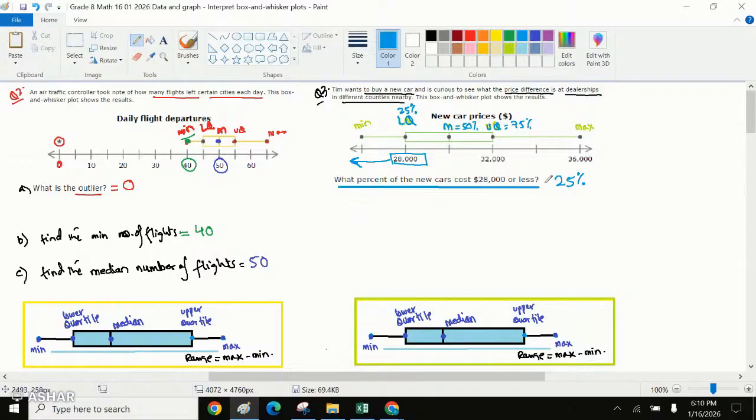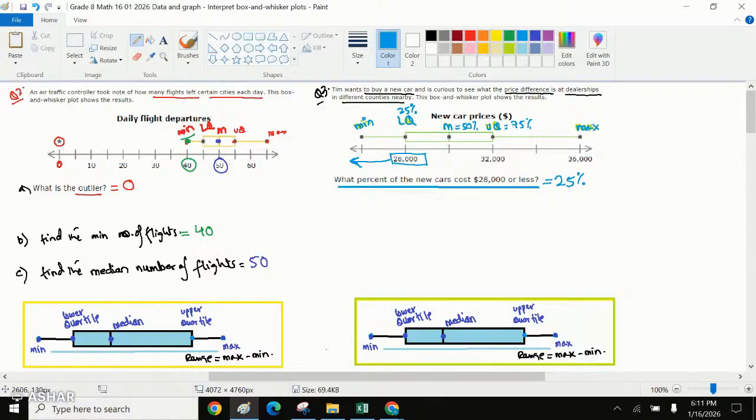Do we agree? Depending on the position of that dot, we have to look at 25%, which is the lower quartile. This is the value: 25% of the cars, from the minimum to the lower quartile. Do we agree on this?